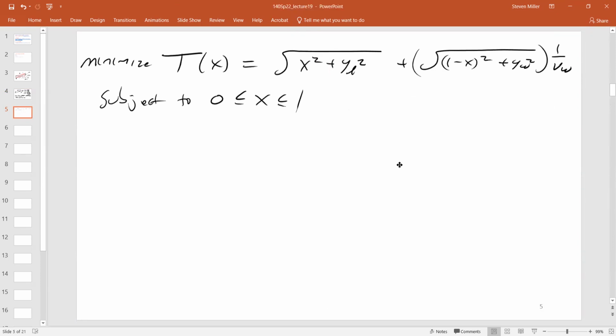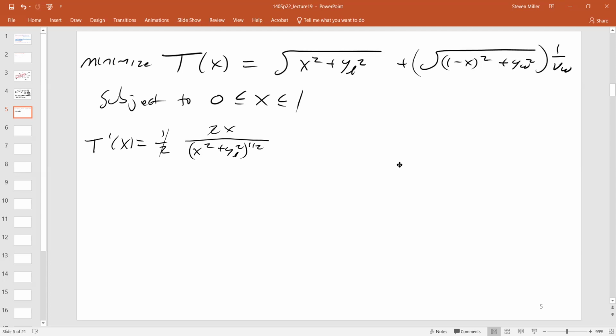So what would be the derivative? T prime of x would be 1/2, and we'll have x squared plus YL squared to the 1/2 down below. And then the derivative is going to be a 2x, so the 2's will cancel.